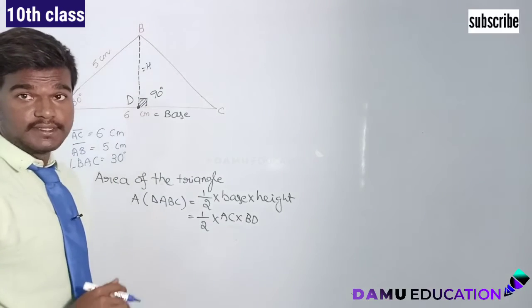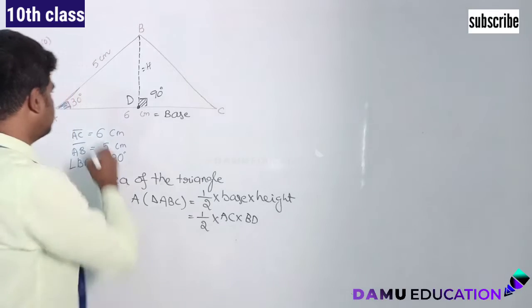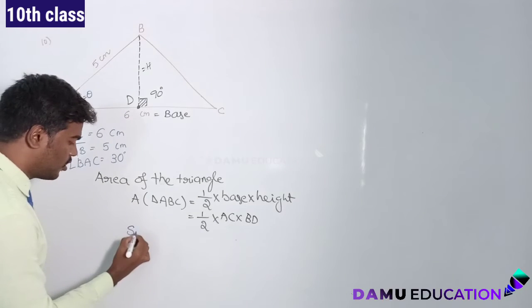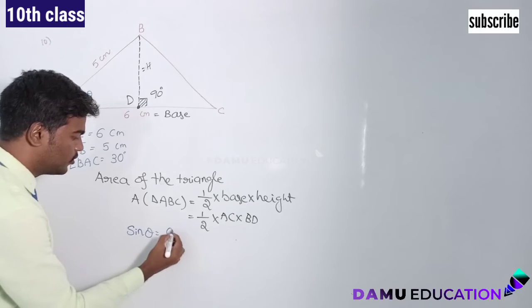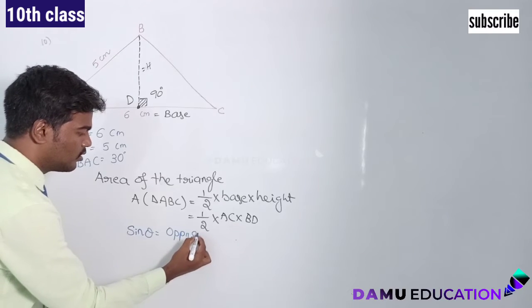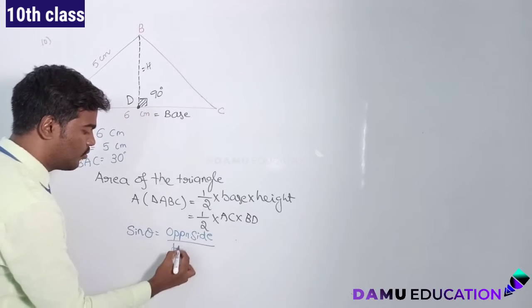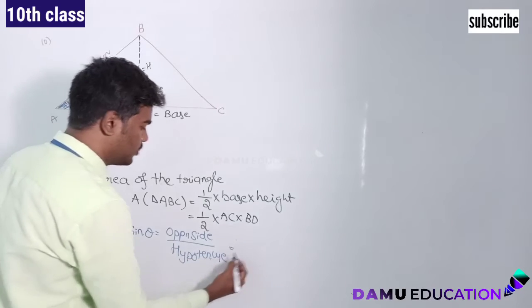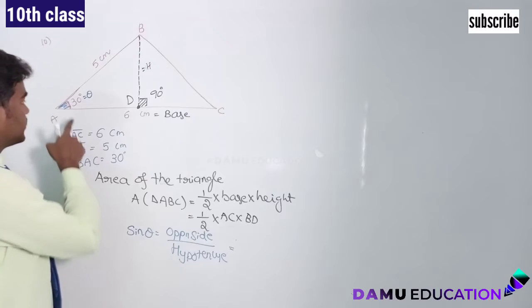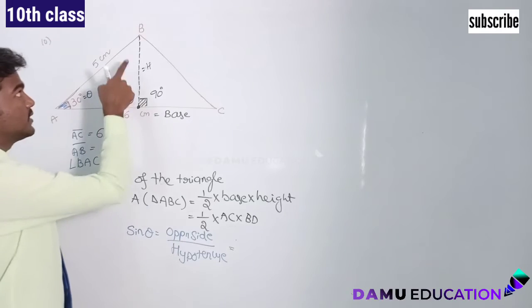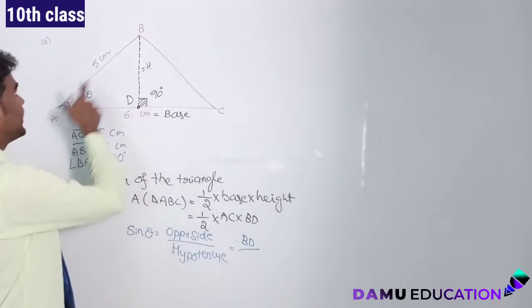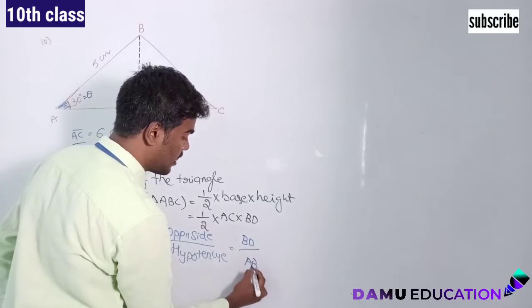By using sine theta, let's take this as theta. Sine theta will be equal to opposite side by hypotenuse. Here theta is angle A, so the opposite side is BD, and the hypotenuse is AB.